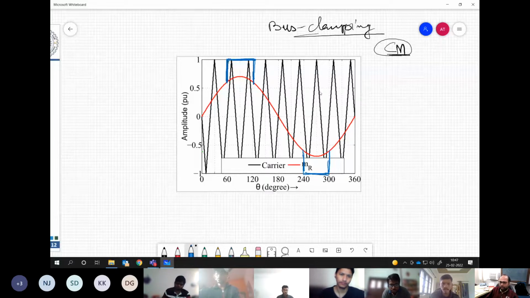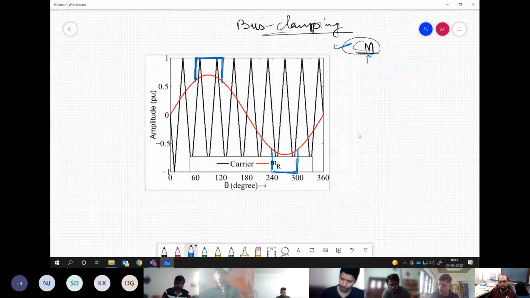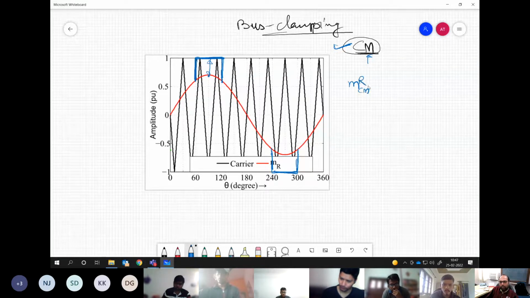Still, it will maintain more or less the same linearity, and there is common mode injected, which will of course subtract out in the line-to-line voltage. So effectively what we try to do, we add a common mode, which is the difference of these two levels, which means the common mode for R will be 1 minus MR for the duration, say 60 degree to 120 degree theta.